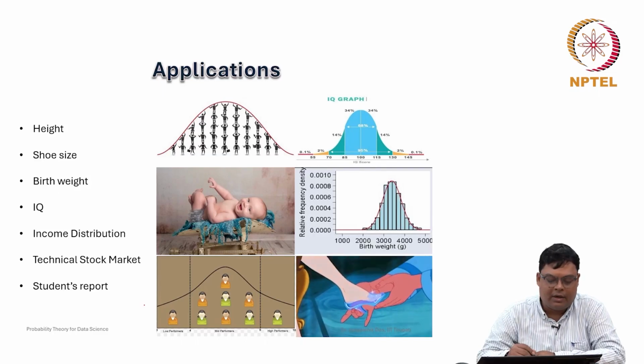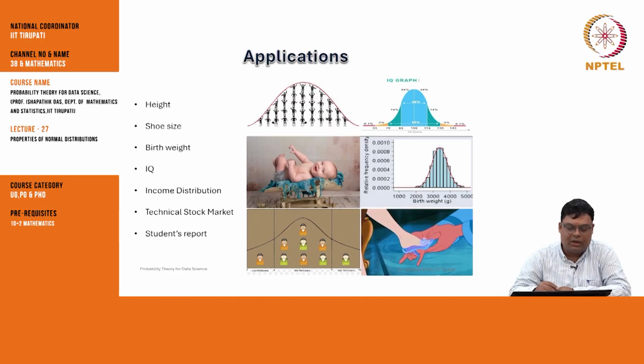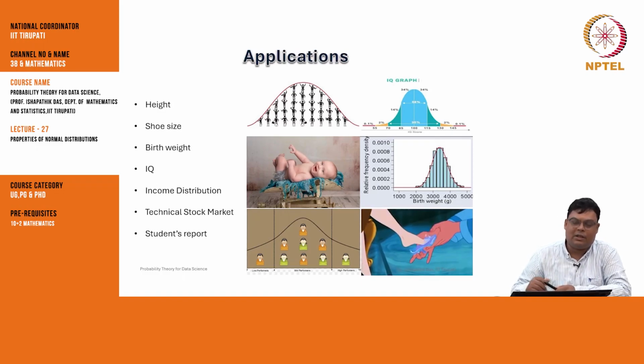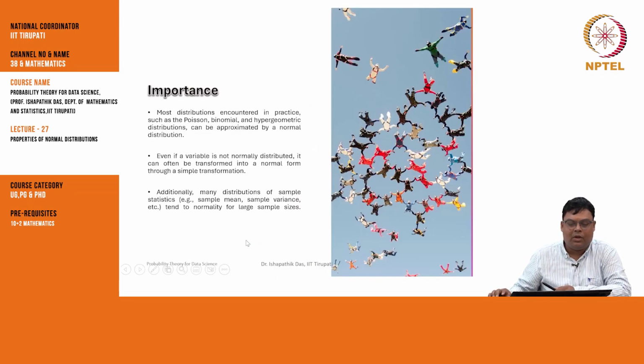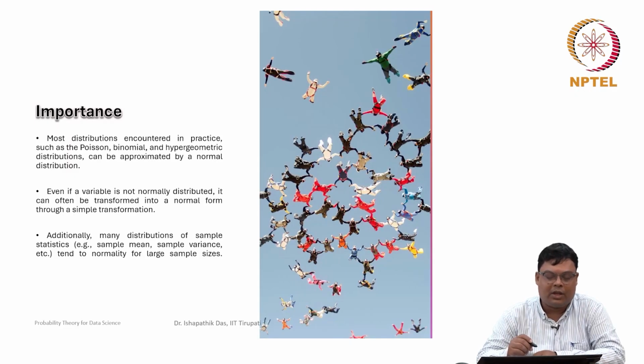Usually if you do the grading of students with respect to their marks, you will see that whenever data is large, it follows a normal distribution. So, it is very important because most of the distributions encountered in practice, such as the Poisson distribution, binomial distribution, hypergeometric distribution, or exponential distribution, can be approximated by a normal distribution.